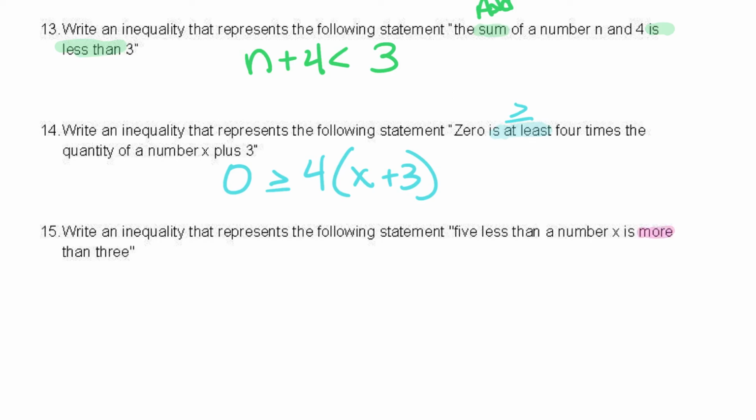So more than is our greater than sign. 5 less than a number x. So we're going to write x minus 5, not 5 minus x, is more than 3.